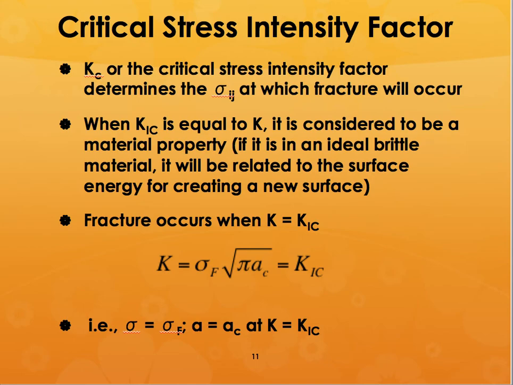In realistic terms, if it is an ideal brittle material, it will be related to the value of energy required for creating a new surface. So essentially what we are saying is that fracture will occur when the stress intensity factor is equal to the critical stress intensity factor for that material, which has been determined experimentally.